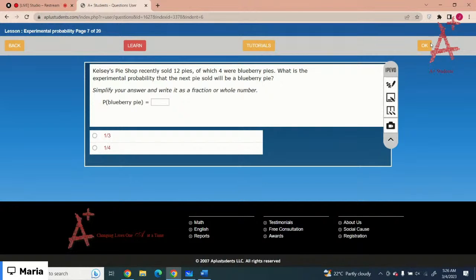So when you simplify the answer, it is 1 over 3. It is 1 over 3.